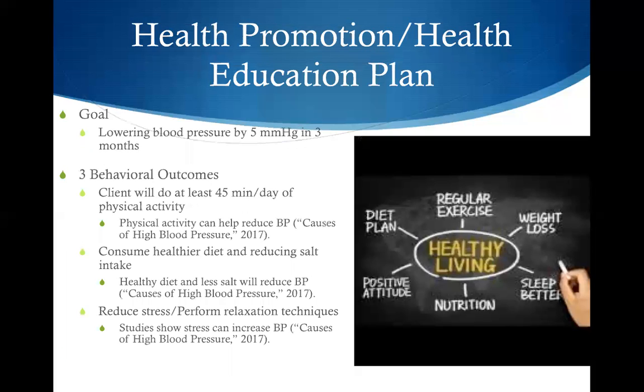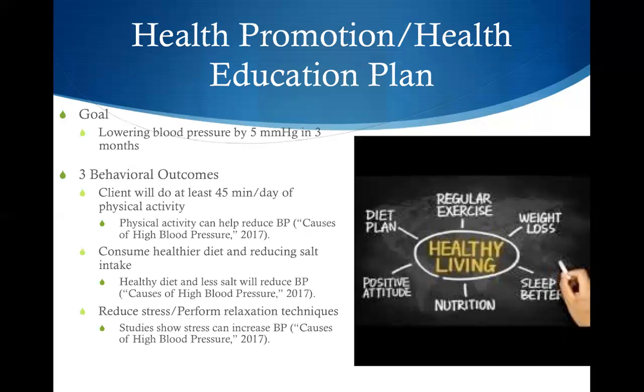Next is the health promotion, health education plan. The goal that I set was for them to lower their blood pressure by 5 millimeters of mercury within 3 months. So if they're 140 over 90, I want them to be 135 over 85. There are 3 behavioral outcomes I want. First, they will perform physical activity for at least 45 minutes a day, which can help reduce blood pressure.